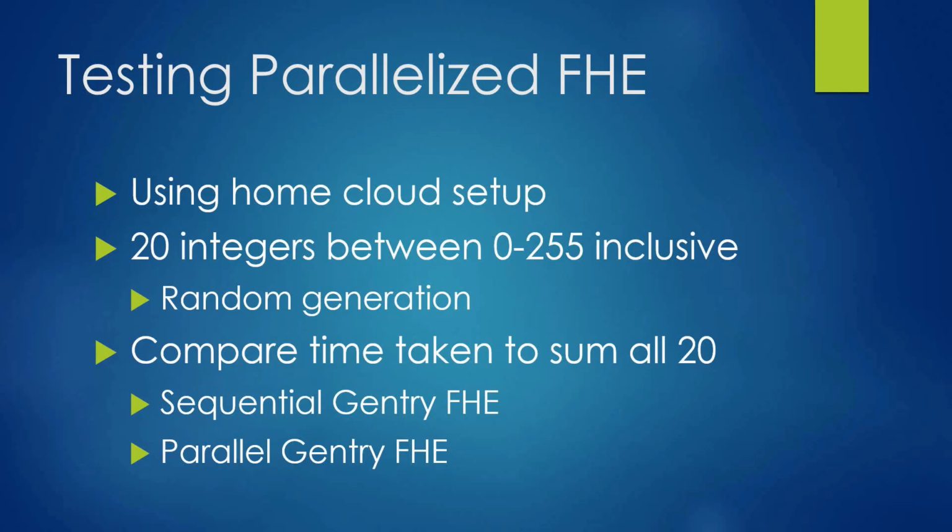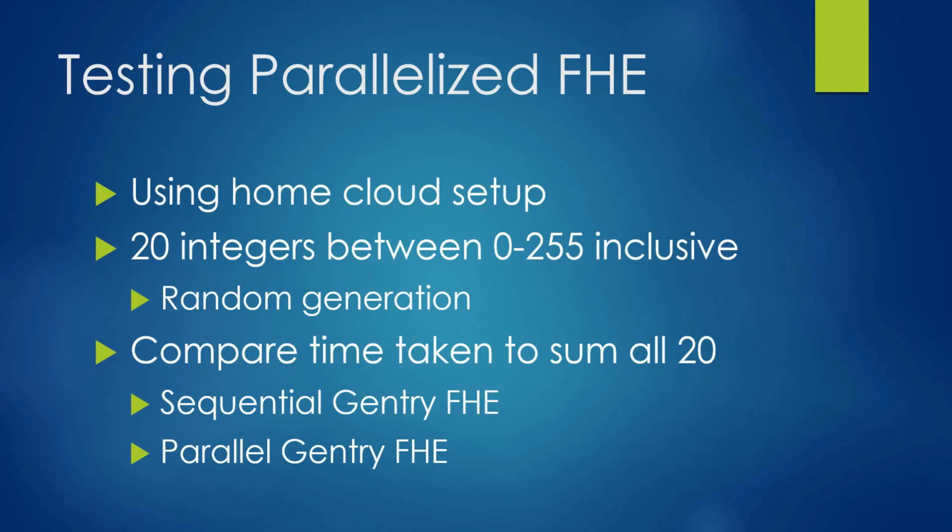Specifically, the test of interest here is that only 20 random integers were generated, and only within a specific range. The idea is to compare the time taken to sum all 20 of them. We'll do it sequentially using the Gentry algorithm, and also in parallel. And we'll see how the time difference changes.